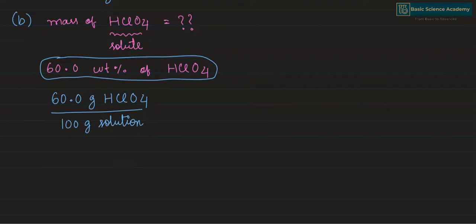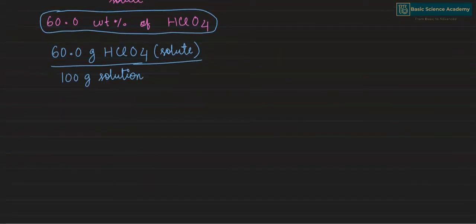So 60 weight percent HClO4 is equal to 60 gram of HClO4 per 100 gram of the solution. This means that 100 gram of HClO4 solution contains 60 gram of HClO4, which is the solute. So this is the conversion factor that we will use to find mass of HClO4.